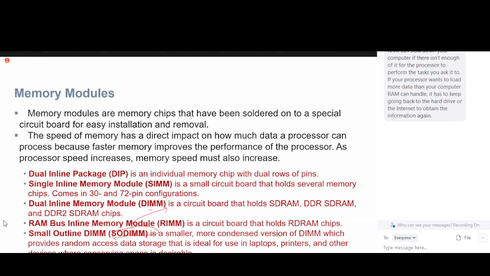Small outline DIMM is basically a smaller, more condensed version of the DIMM, which provides random access data storage that is ideal for use in laptops, printers, and other devices where conserving space is desirable. Laptop has a small area, right?